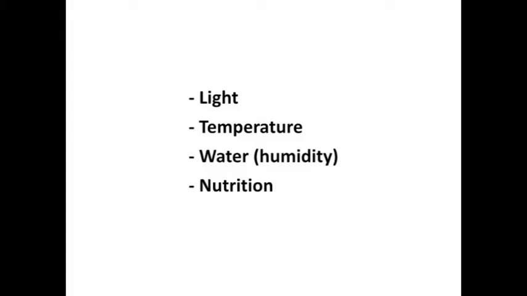The main internal factor that regulates growth and development in plants is the plant hormones, and they have both promoting and inhibiting effect on growth. In addition to the internal factors, plant growth is also influenced by many environmental factors including light, temperature, water or humidity, nutrition, etc. And among them, light is an essential one.